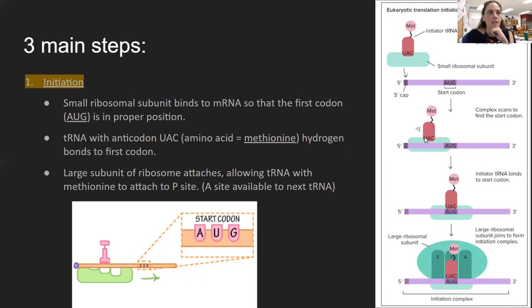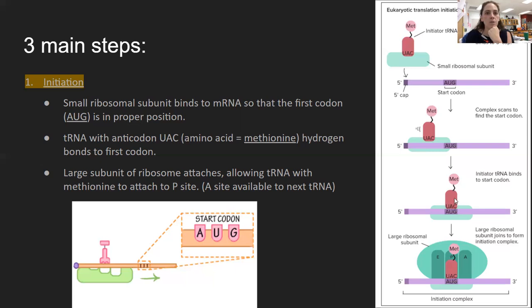Then our tRNA with the anticodon UAC, carrying our amino acid methionine or MET, bonds to our first codon. Every polypeptide will always start with MET.